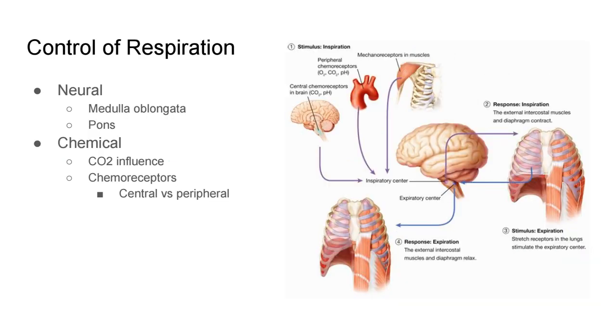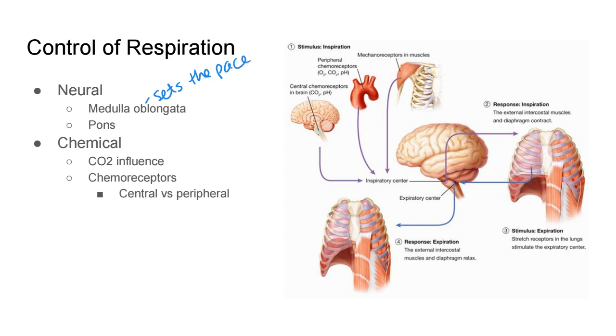Okay, respiration is controlled or regulated by both neural and chemical influences. These will work together with emotions and conscious control. We can consciously slow our breathing down, speed it up, that kind of thing. So the neural control is going to come from those breathing centers in the medulla oblongata and the pons. The medulla is going to help set the pace, right?